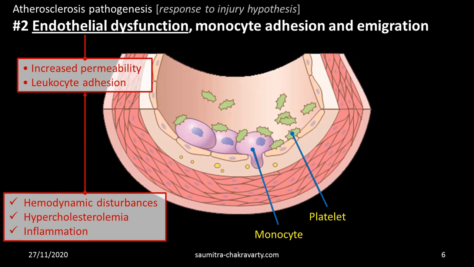That's why, although there is no particular injury to the tunica media or beyond the endothelial layer, although there is no real injury there, the leukocytes are going to go there because they do not know anything else.